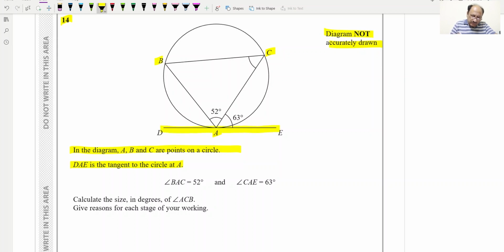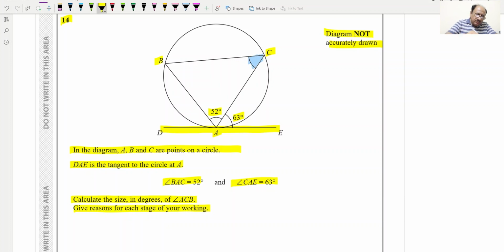DAE is this one, which is tangent to the circle at A, and angle BAC is 52 and this angle is 63, and calculate the size in degrees of angle ACB. ACB is basically this angle which is required, and give reasons for each stage of your working. So this is also important. We have to give reason of each stage of the working.